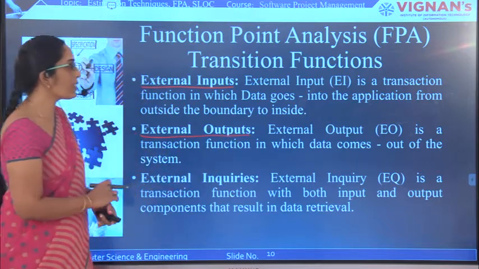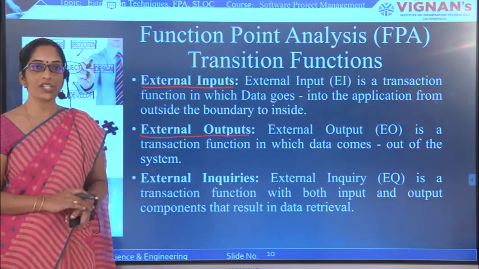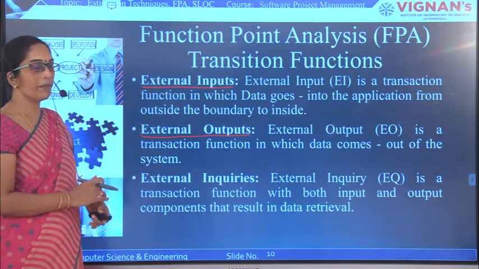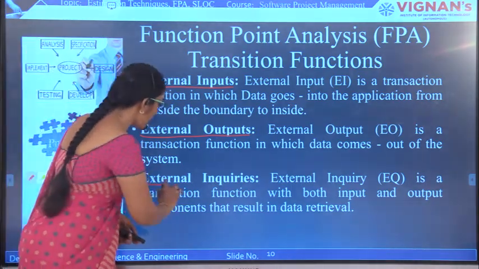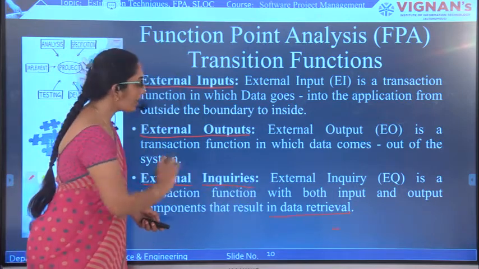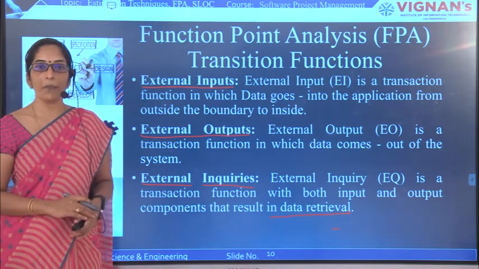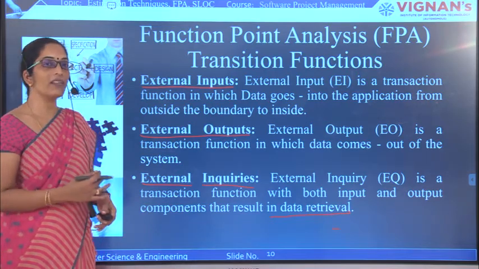An external output is a transaction function in which data comes out of the system. And the next one is external inquiries. An external inquiry is a transaction function with both input and output components through which we can retrieve the data.